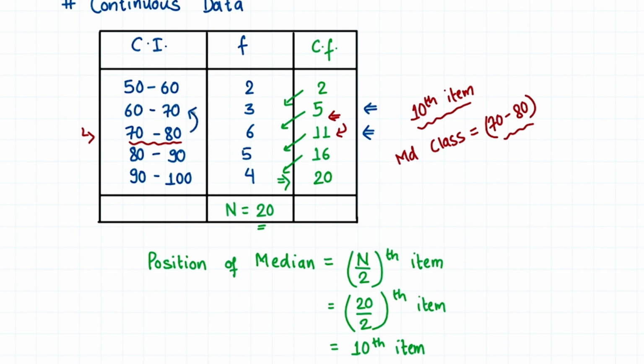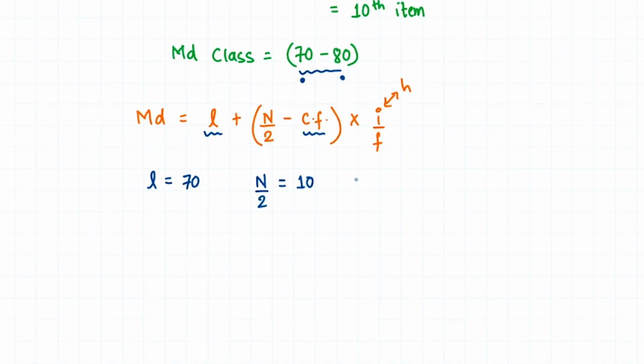So we are going to look at the cumulative frequency of 60 to 70 class, which is our 5, okay? So that CF refers to this cumulative frequency. It's the cumulative frequency of the preceding class of the median class, okay? Which is our 5. So our CF here is 5.